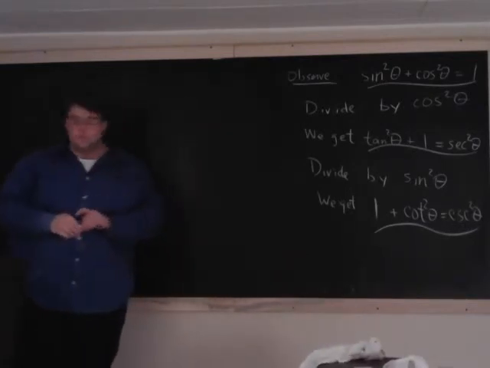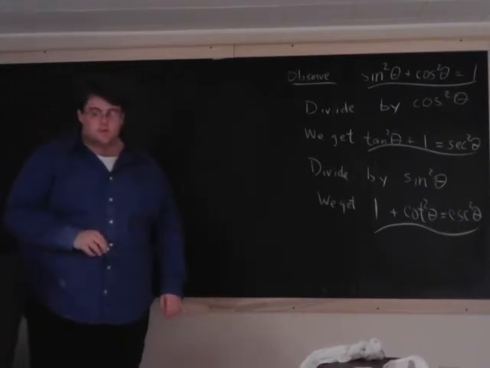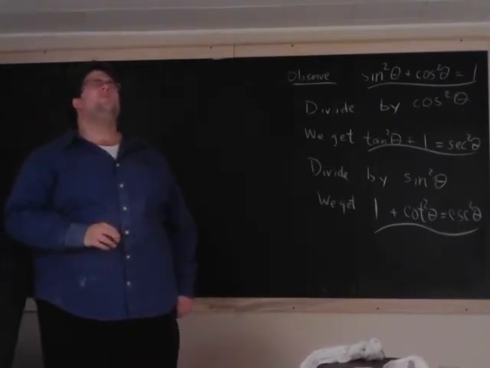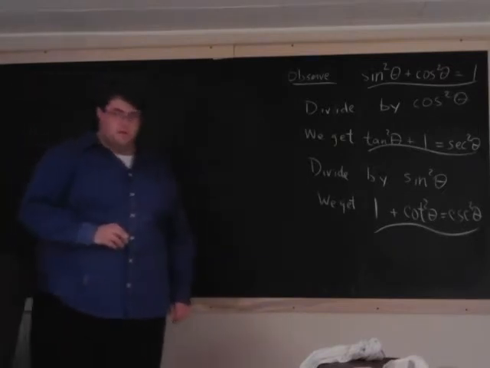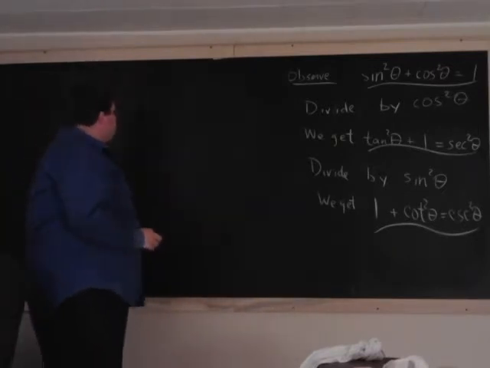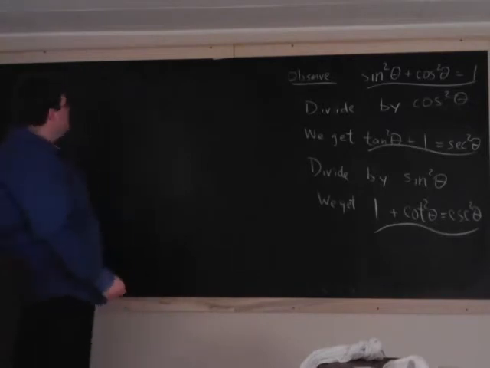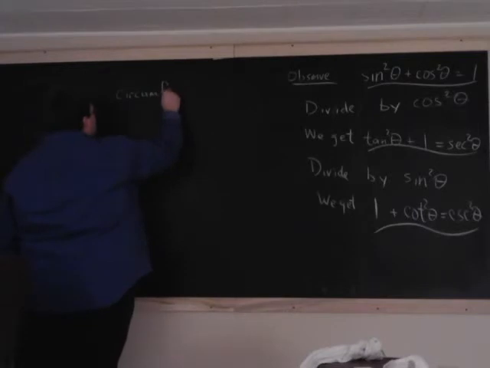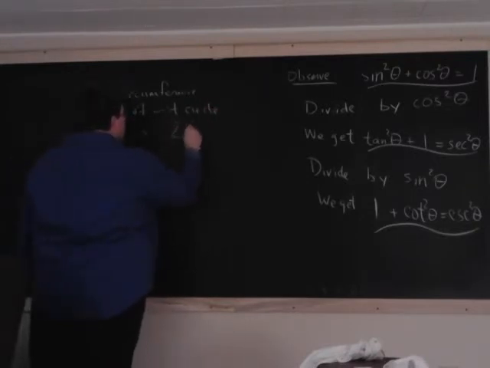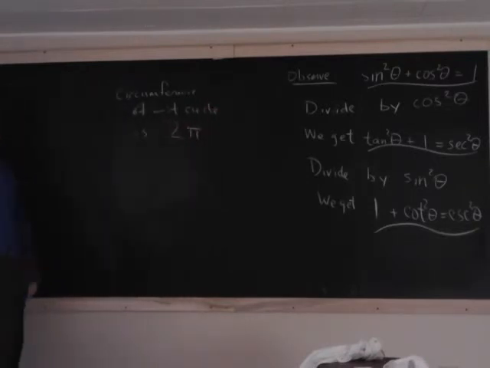What's the circumference of a unit circle? The circumference of a circle is 2 pi r. Yes, 2 pi r. Unit circle has radius 1. So the circumference of a unit circle is 2 pi times the radius, 2 pi times 1, which is 2 pi.